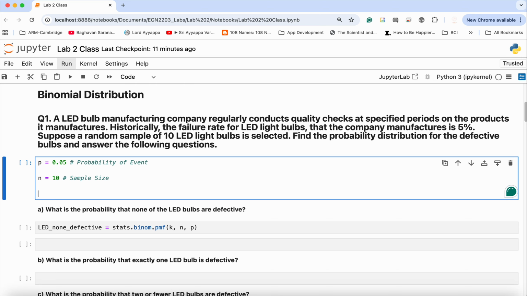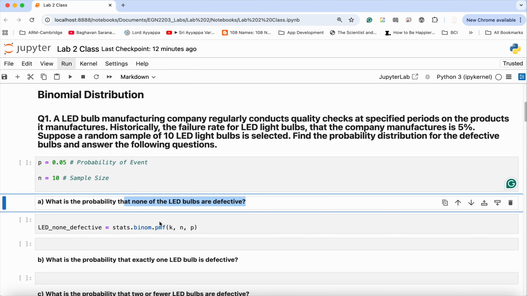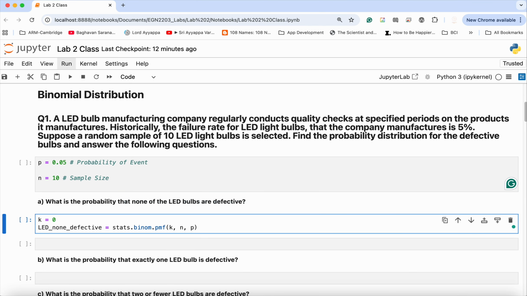Now the next part is k. What is k? K is the particular event, the particular instance we are looking for. I would like to show you that we can specify k in the same cell block as the question. Here, we want the probability that none of the LED bulbs are defective, which means k equals 0.